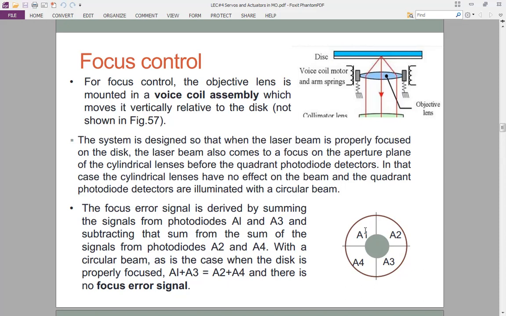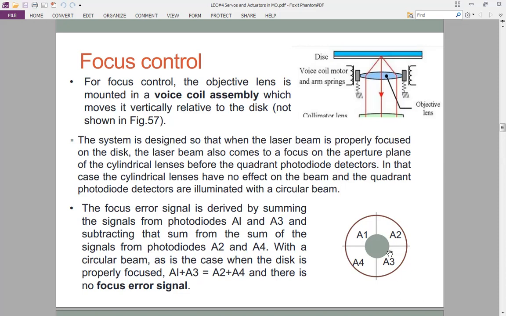It will show an elliptical beam, and that elliptical beam is either aligned along A1, A3, or it's aligned along A2, A4. That is why the focus error signal is obtained by subtracting the diagonal intensities.